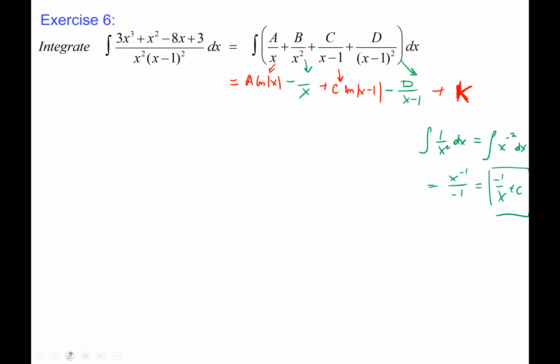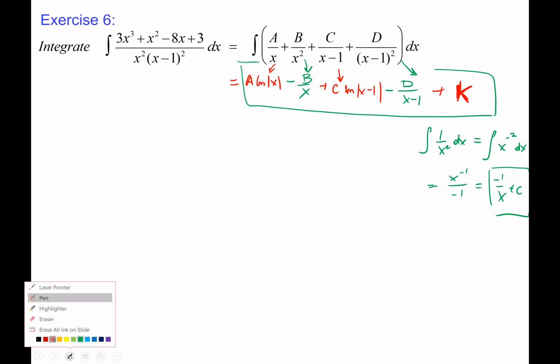We still have to find a, b, c, and d. We will do it. Okay? But I was going to point out how to integrate 1 over x squared. Okay? And the same for 1 over x minus 1 squared. Okay? That means this is my integral. And let's find the coefficients a, b, and c. Okay, I will compare my numerators.